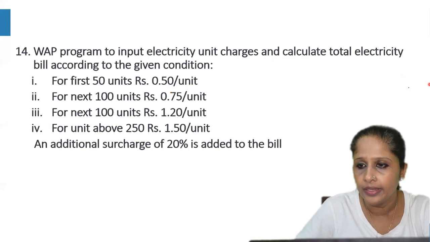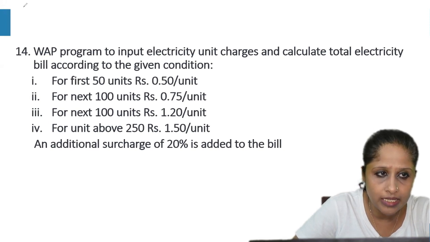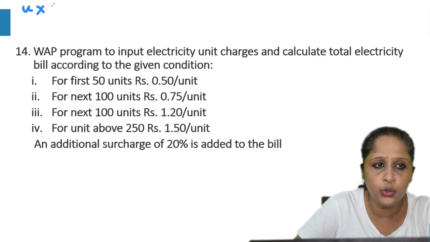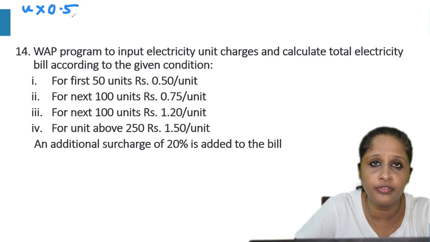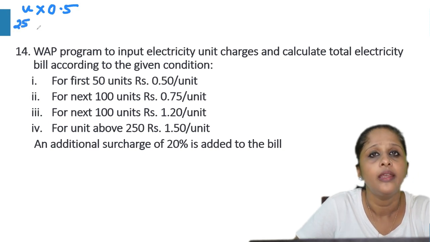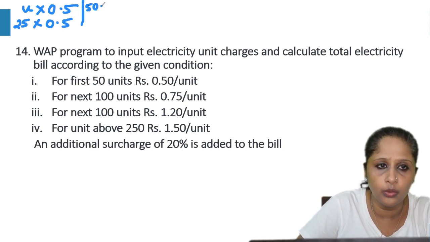That means if you are inputting the units in the variable u, then u into 0.5. For example, if you are inputting 25 units, then it is 25 into 0.5. So this is up to 50 units.